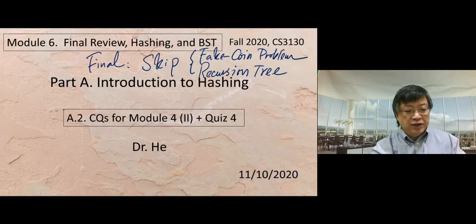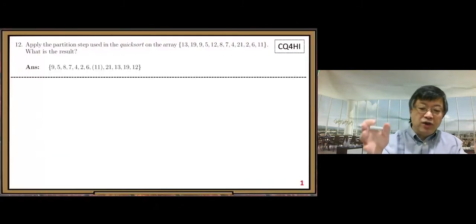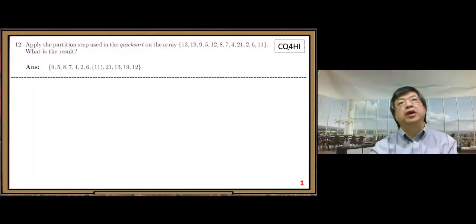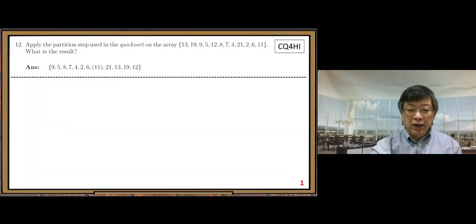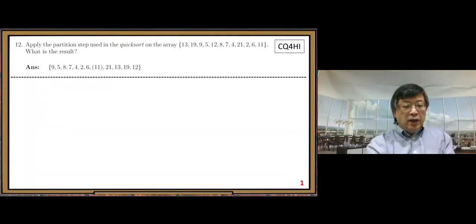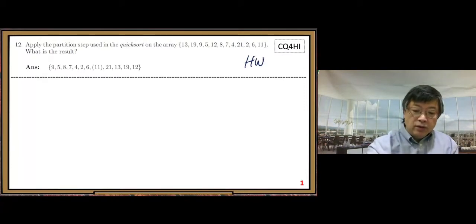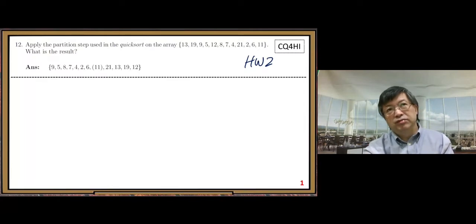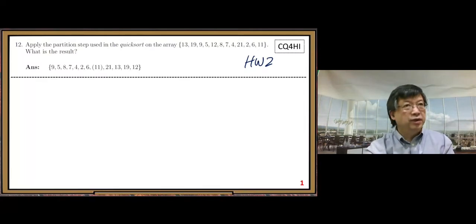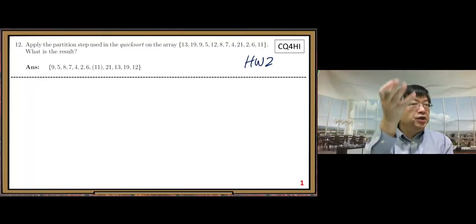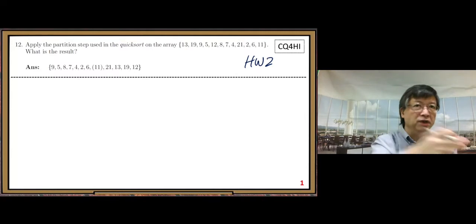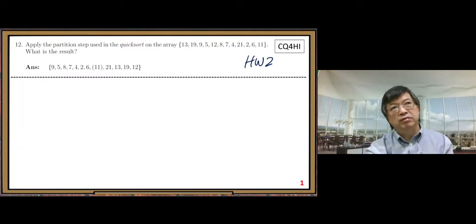All right, so let's start our first question. Partitioning step. In homework 2, there is 1 question, and so many students couldn't do that well. So this one is important. In your project 2, you need to implement it. You need to understand the details of the step.